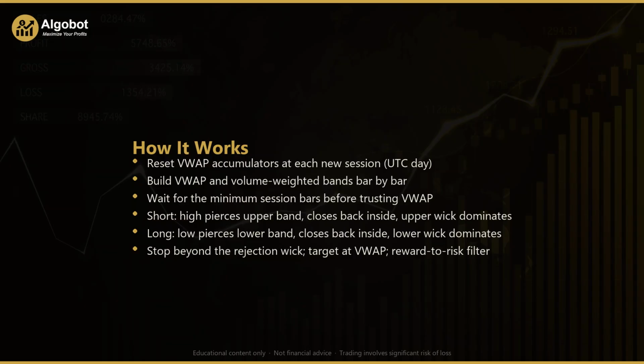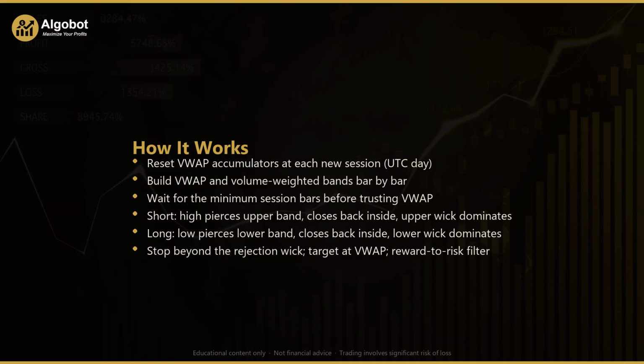Everything begins with the session. At the start of each new trading day, measured in UTC, the EA clears its accumulators and starts rebuilding VWAP from scratch. For every bar that closes, it takes the typical price, the average of the high, the low, and the close, and multiplies it by that bar's tick volume. It keeps a running sum of those values and a running sum of volume, and dividing one by the other gives the live VWAP.